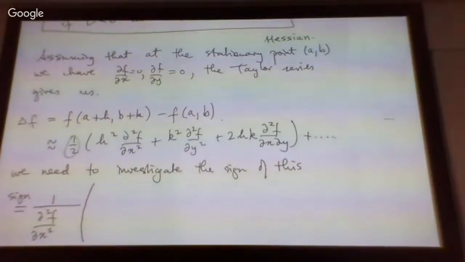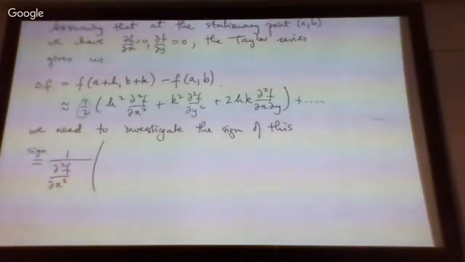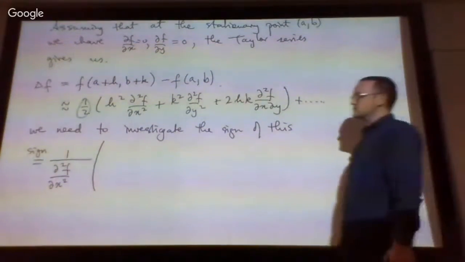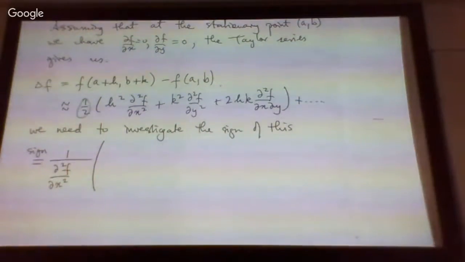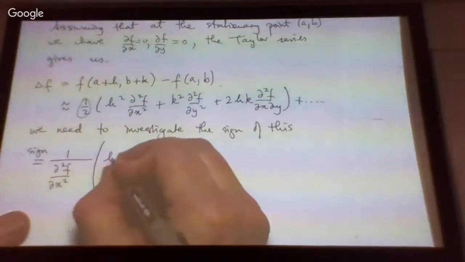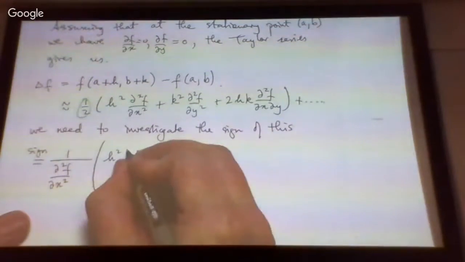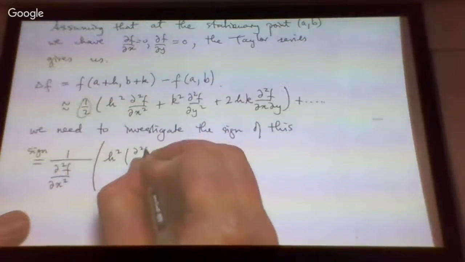And see what the effect of that is, because dividing out by d2f dx squared will cause extra factors of d2f dx squared to come in here and multiply the other terms. So we're going to have an h squared here, and this is going to be multiplied by the square of d2f dx squared.